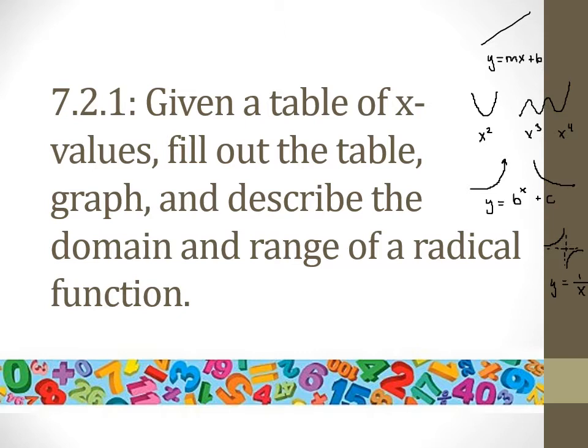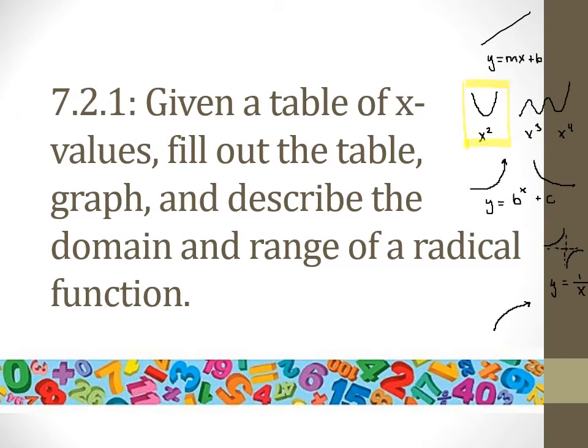And in Priority Standard 7, we are going to introduce one new type of function, and that is a radical equation. And a radical is a square root or a cube root or a fourth root, some sort of a root function. So the graphs of these ones look like half of a sideways parabola. So in that way, it's a little bit related to our quadratics back from Priority Standard 2.